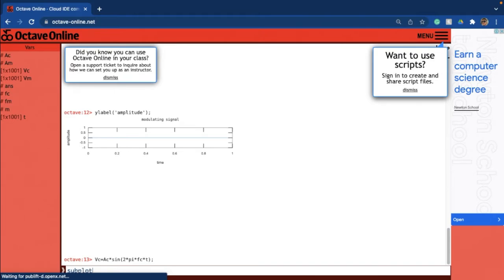Subplot 412 means in the 4 rows, 1 column, the second graph is my carrier wave.